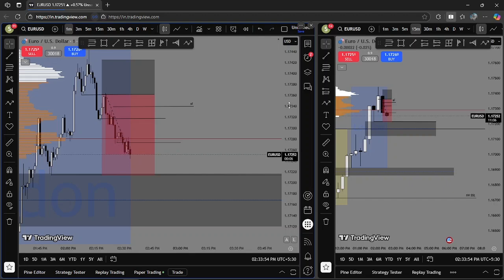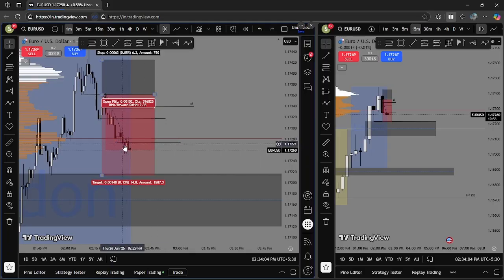So let's see what is end up happening. The most amount of volume that has been traded now is down. It's actually down that level, exactly at that order block level that I was talking about.